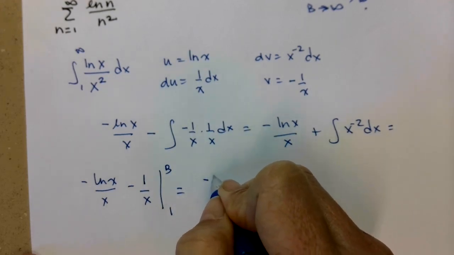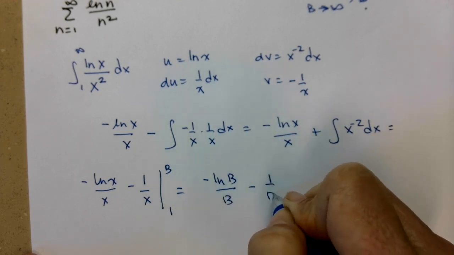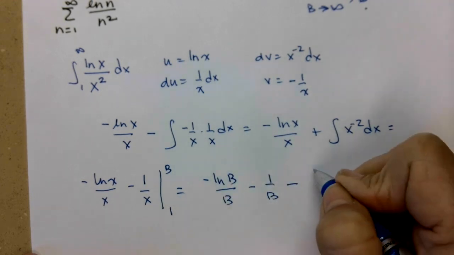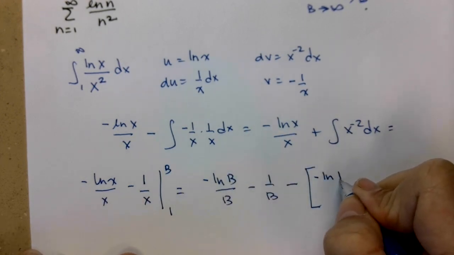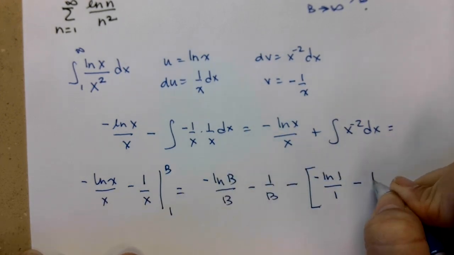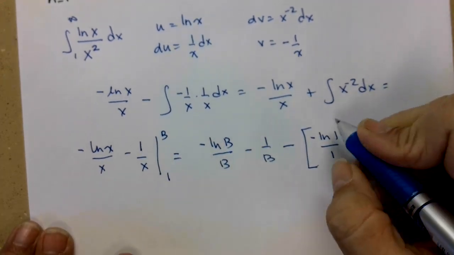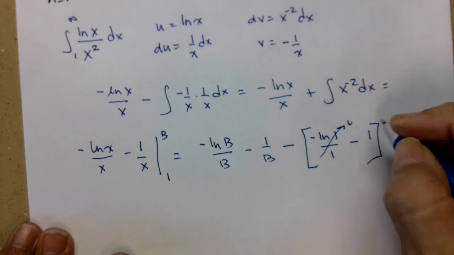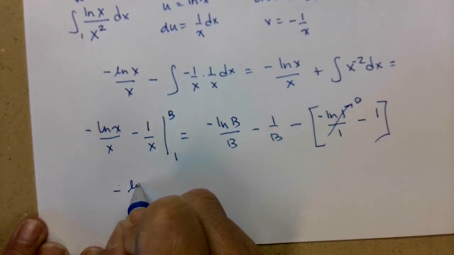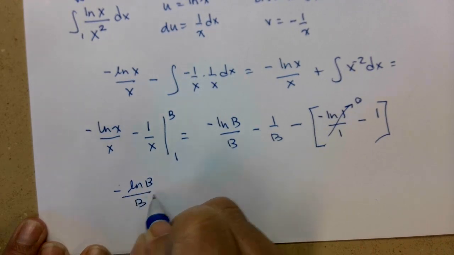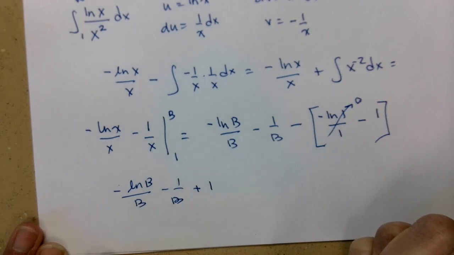Now I have negative natural log b over b minus 1 over b minus, plugging in the 1, negative natural log 1 over 1 minus 1. That's a lot of negative signs. Let's tidy that up. Oh, natural log of 1 is 0. 0 over 1 is 0, so that's okay. We'll get rid of that guy. So now we're at negative natural log b over b minus 1 over b minus the negative plus 1.